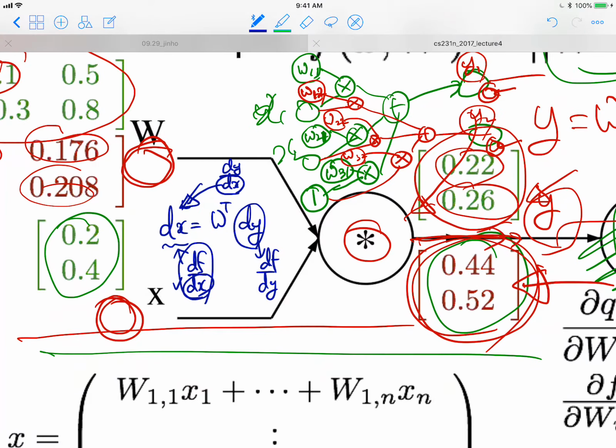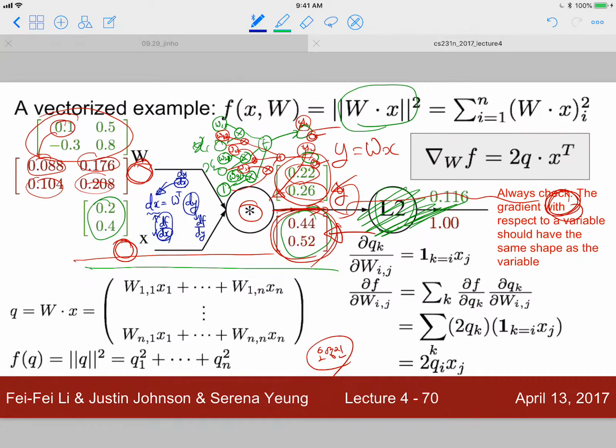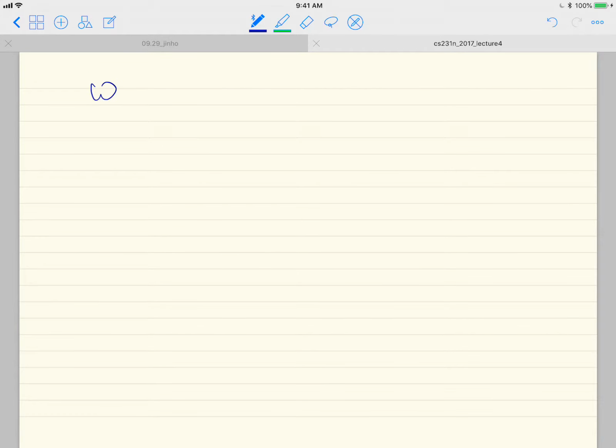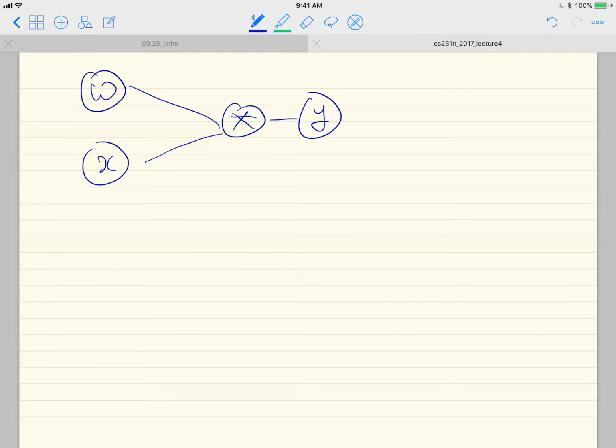In this linear layer we have w and x, and we have y here. This is just a simple vectorized form of a fully connected layer where y is w times x. Now we have to obtain the partial derivative with respect to each of our input variables.